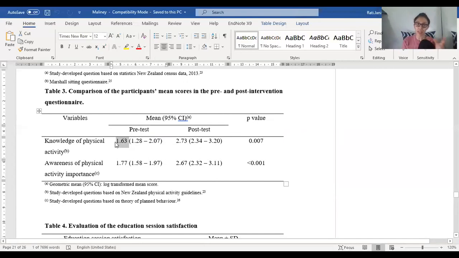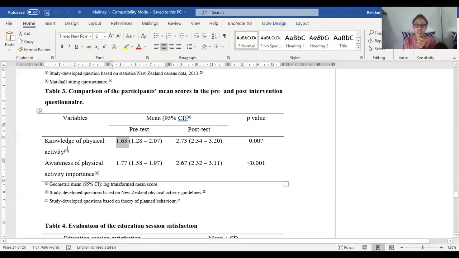Okay, so these are her pre-intervention versus post-intervention results with her p-value. The t and degrees of freedom, all of that she has written in her actual writing of her results. For your table 2, basically, you can just report your mean, standard deviation, p-values in the table, and in the writing of the result section, that is where you can have your t's, degrees of freedom, stuff like that.